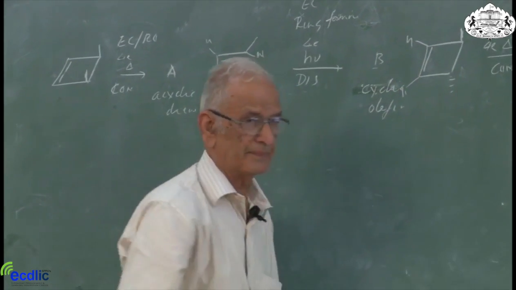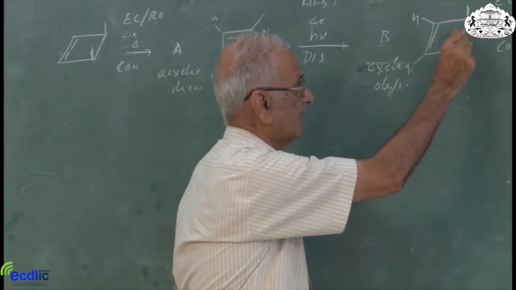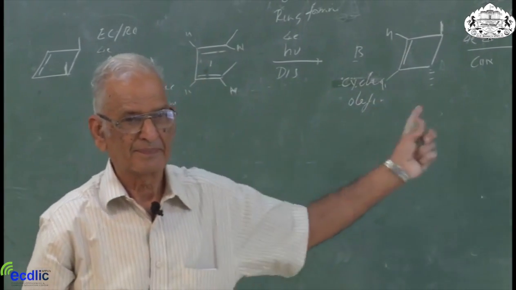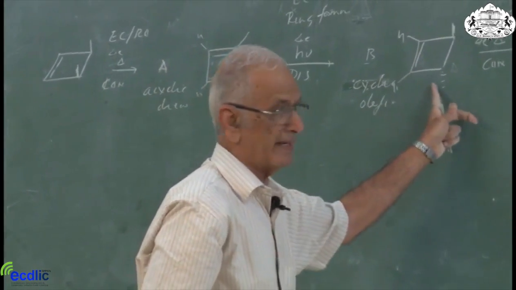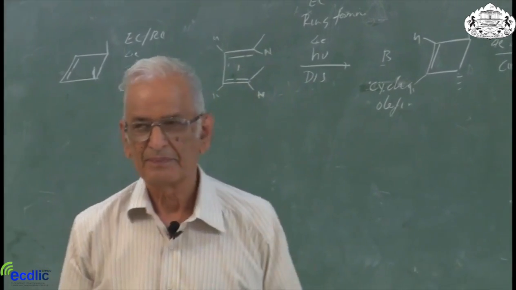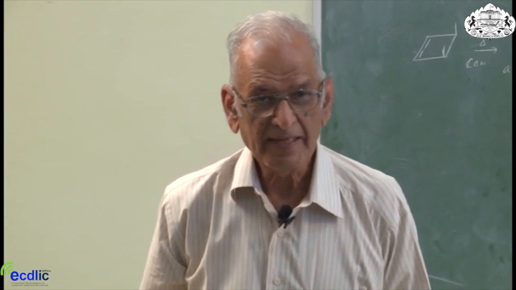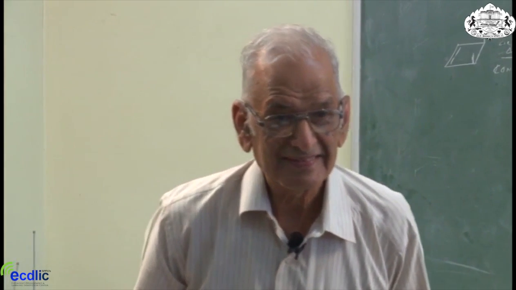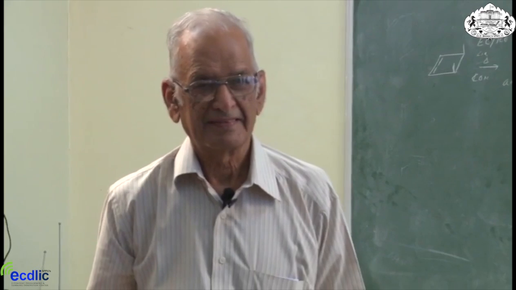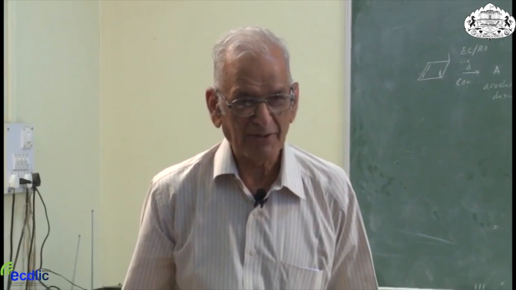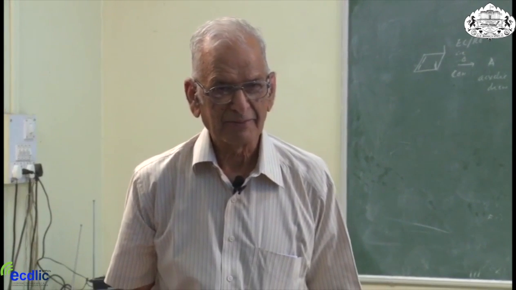Where is that center? If you say this is the center, then what about this? This hydrogen should have been then here. Therefore, it will be optically active or not? Why?